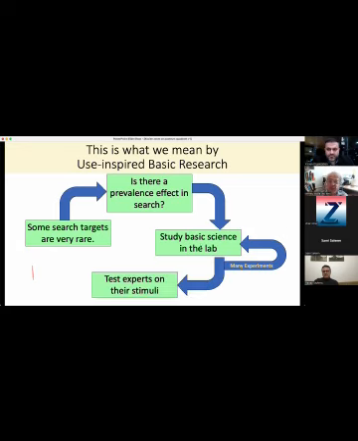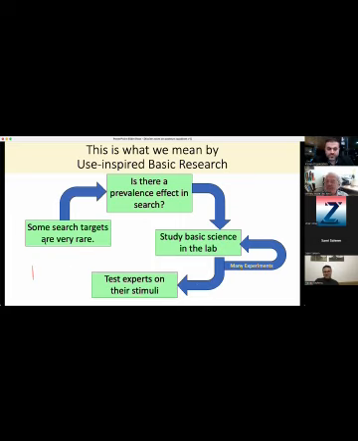After we established it in the lab, then we transitioned it back into the world and tested real radiologists and real airport security officers. And then I didn't put in a slide because I don't have a good answer there.